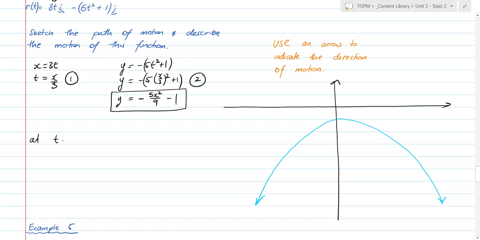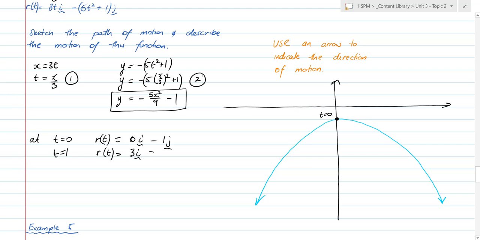So at t equals 0, r(t) is equal to 0i minus 1j. Put 0 into that function, and I've got that. So at t equals 0, I've got this point here. This is my point, t equals 0. At t equals 1, I've got r(t) equals 3 times 1 is 3, so 3i.